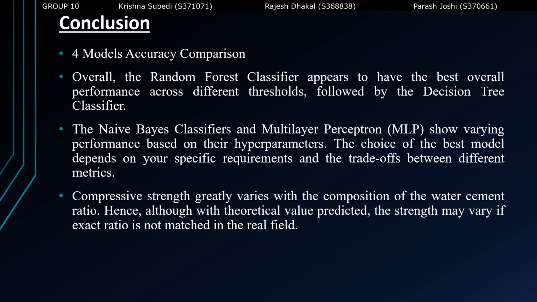Although slightly lower than the random forest, it remains a reliable option. On the other hand, the naive Bayes classifier and multilayer perceptron MLP demonstrate variability in performance influenced by their respective hyperparameters. The naive Bayes classifier shows sensitivity to the smoothing parameter, affecting accuracy, precision, recall, and F1 score. For the MLP, the number of hidden layers and the threshold greatly impact its performance.